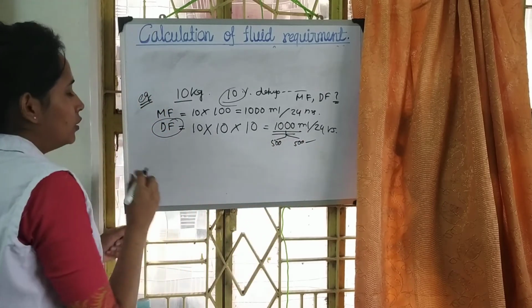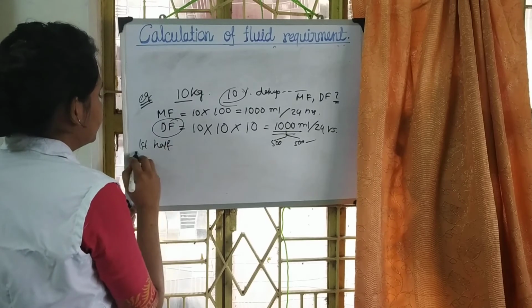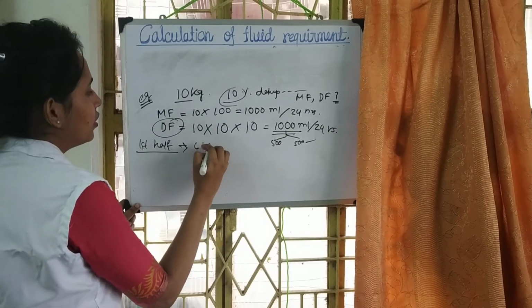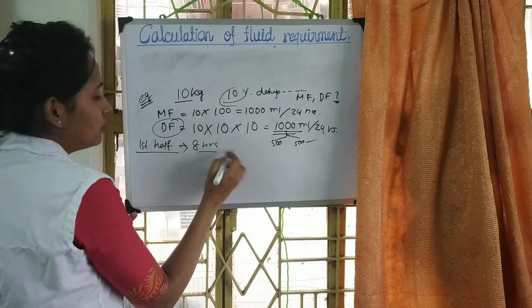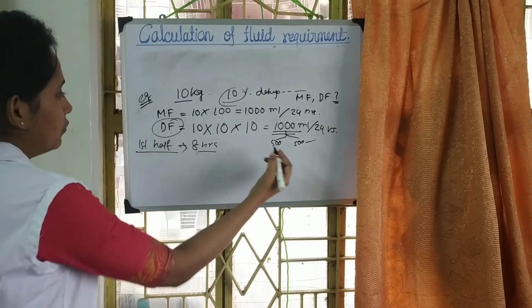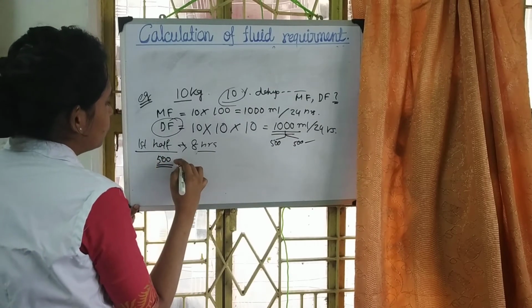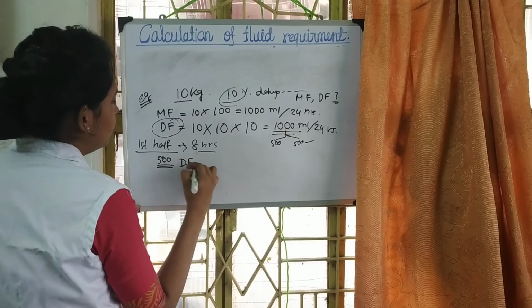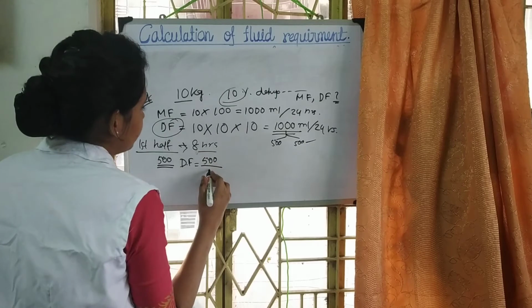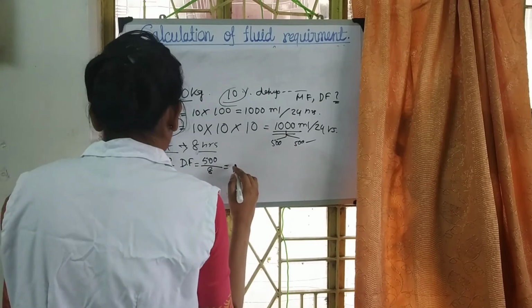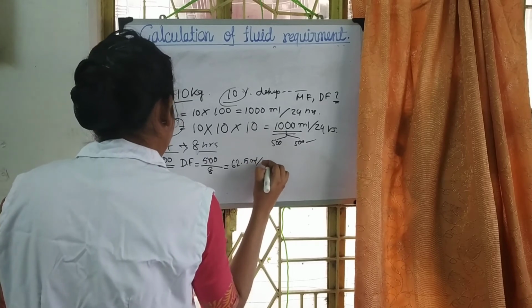The first half we calculate in 8 hours. So the deficit fluid is equal to 500 by 8, which is 62.5 ml per hour.